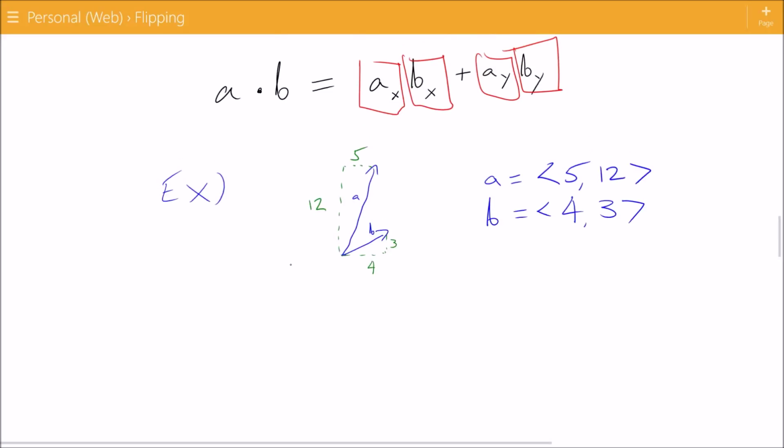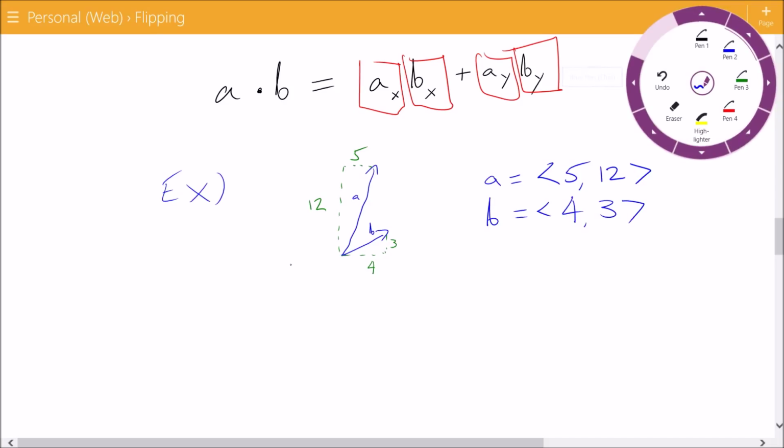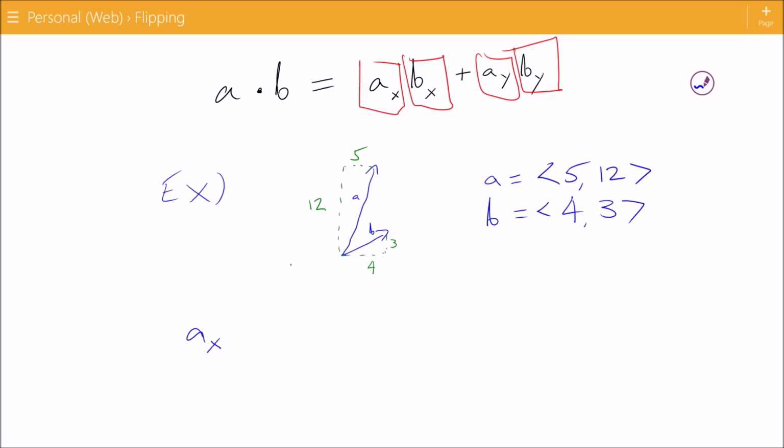So to get the dot product, I would do A dot B is equal to AX BX plus AY BY. And my horizontal for A is 5.